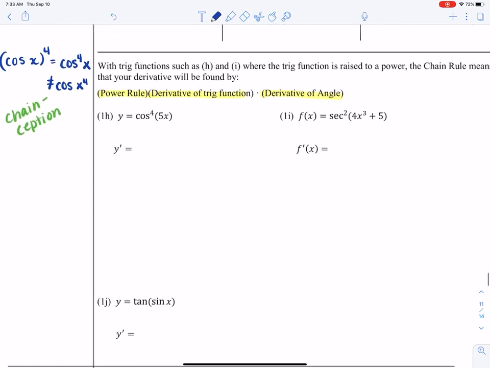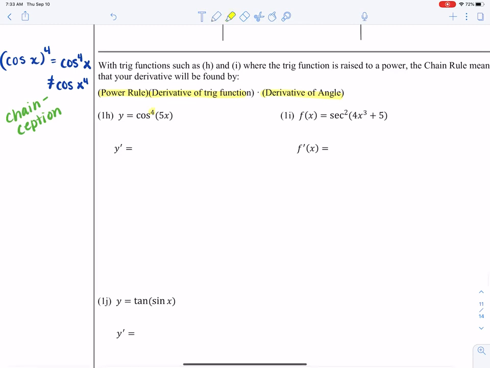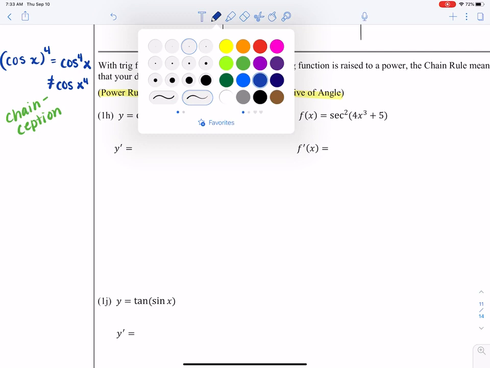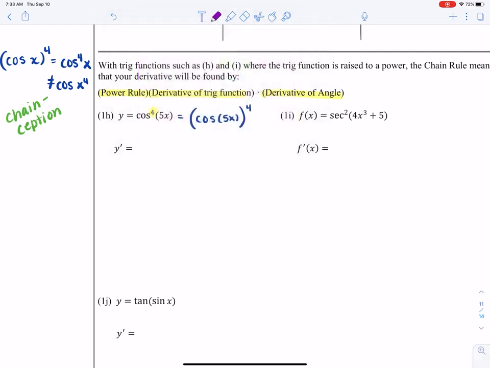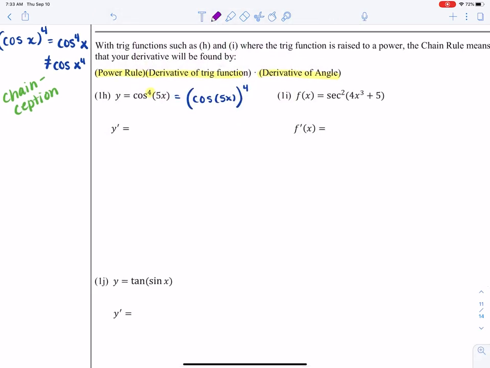So that's a big distinction for us to make. So when I get a problem where I see a power on a trig function, the most important thing you can do is rewrite it to begin with. So I have cosine of 5x all to a power of 4. So we're going to go outermost layer first in this derivative. My derivative of, basically treating this like this is x to the 4th, thinking about it that way, my derivative of x to the 4th is going to be 4 stuff to the 3rd power.